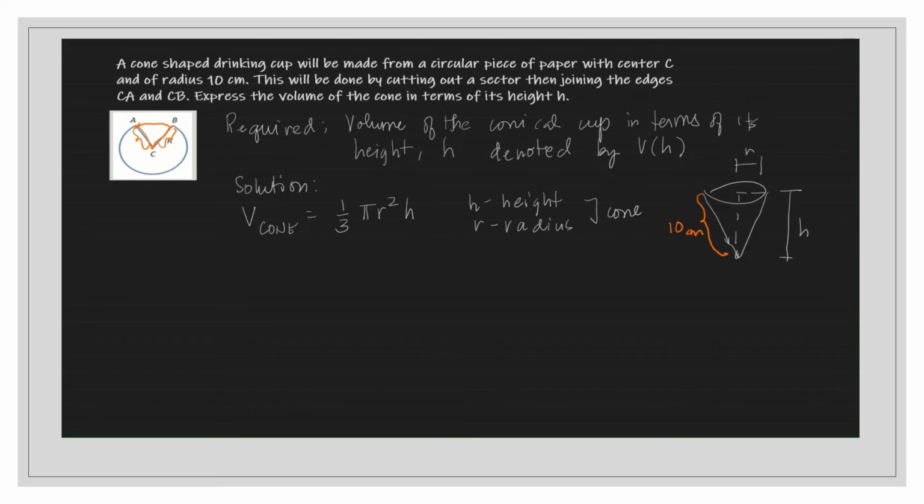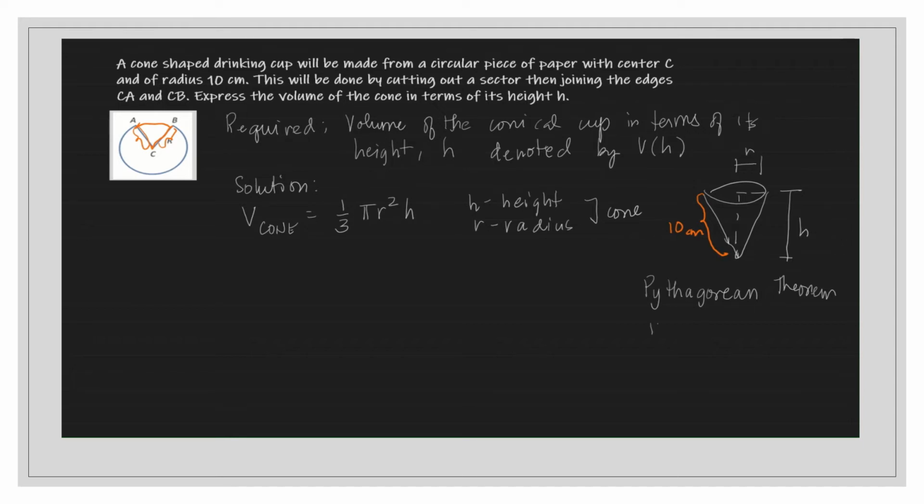Now, going back to the formula of the cone, we need to find an expression for the radius, and then referring to the figure of the cone, we know that we can use the Pythagorean theorem to relate the radius, the height, and the slanted height of the cone, which is 10 centimeters.